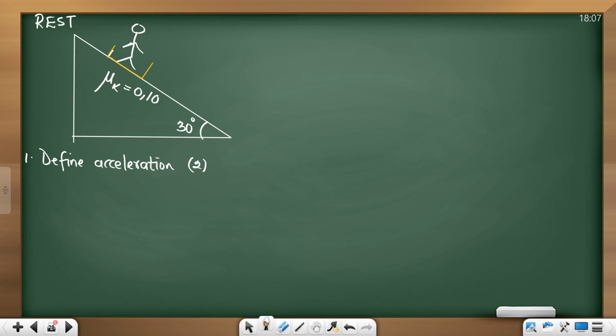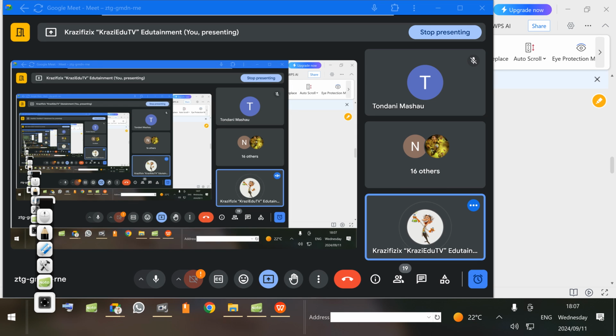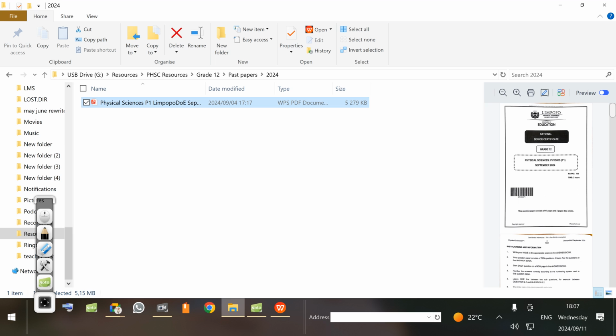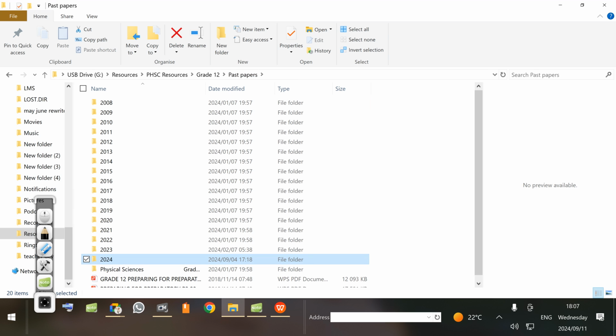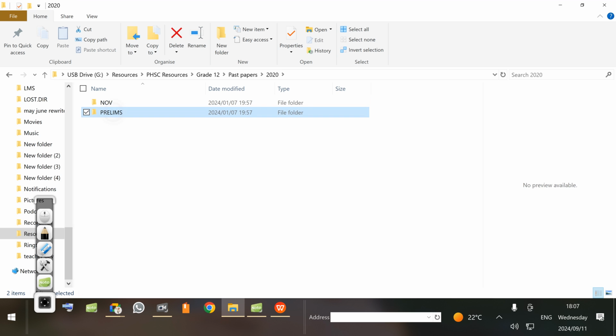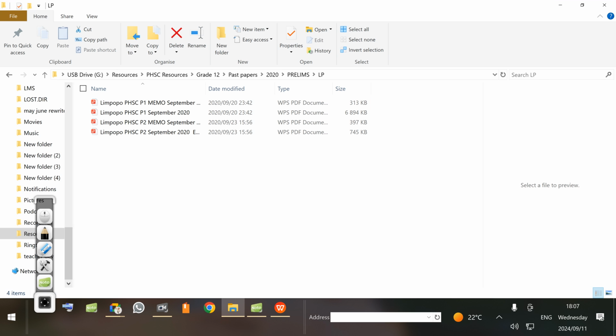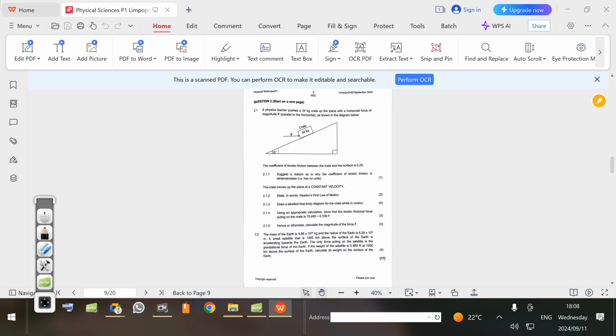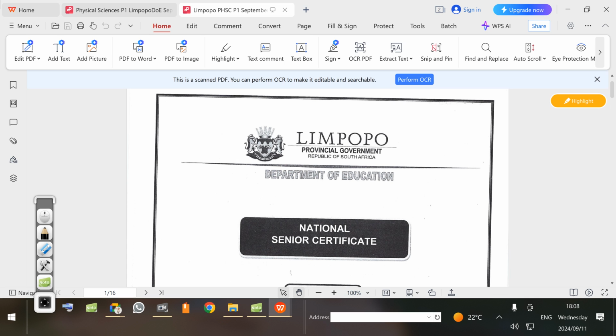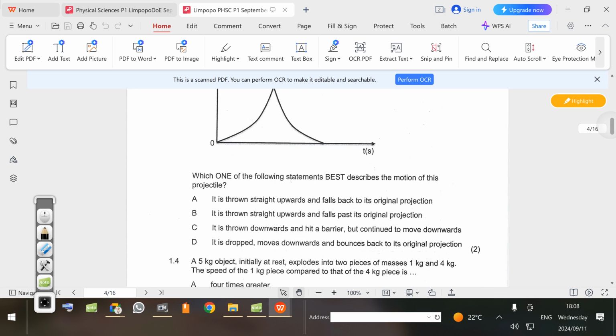Oh, I should have this paper. Hold on. This is Limpopo 2020. While you are defining, I'm just checking the top now. Maybe I do have 2020 prelims. Do I? Great. This is why I like to collect papers. I promise you, I'm a paper collector.